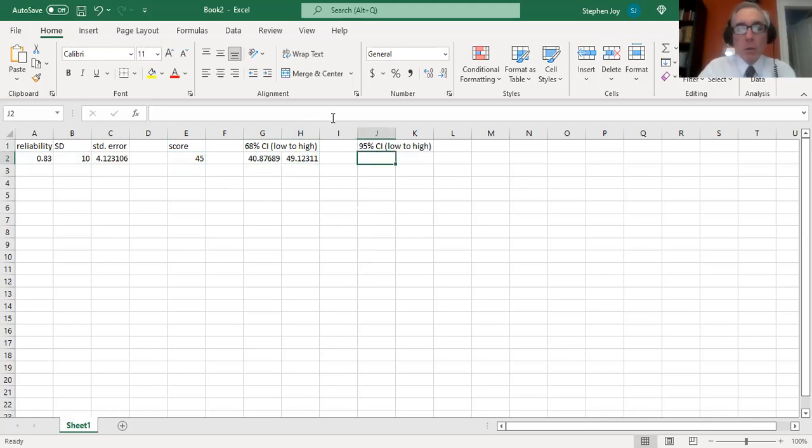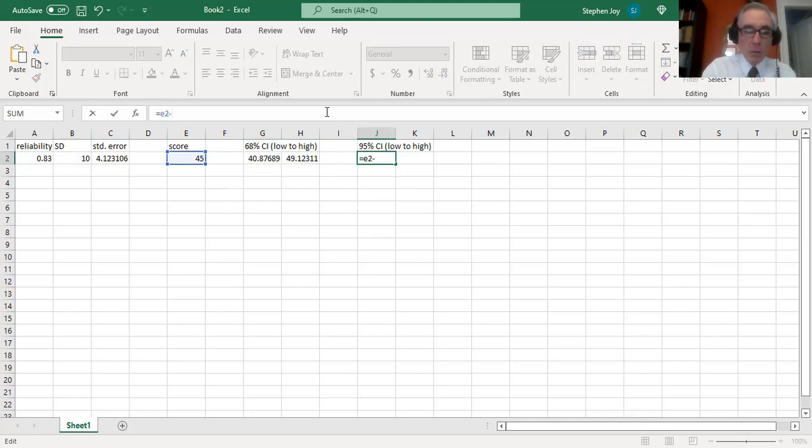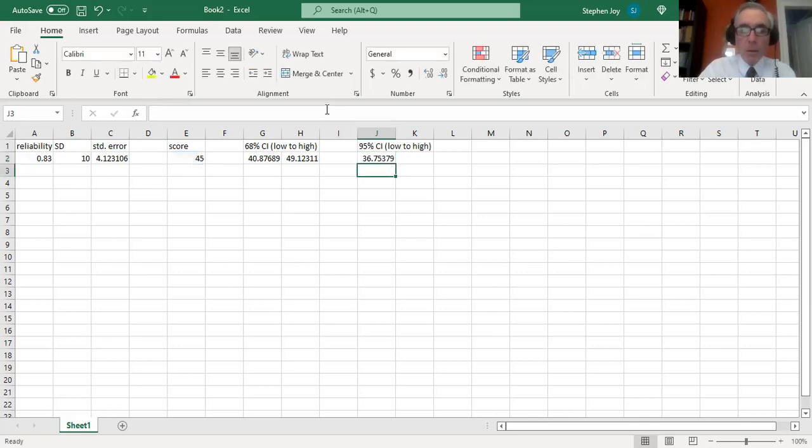95% is going to be pretty much the same idea. E2 minus, only now it's 2 times C2, up to E2 plus 2 times C2.